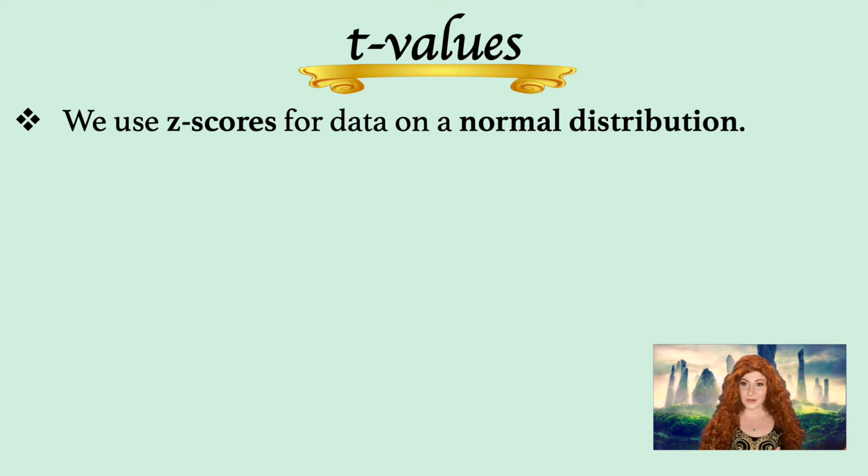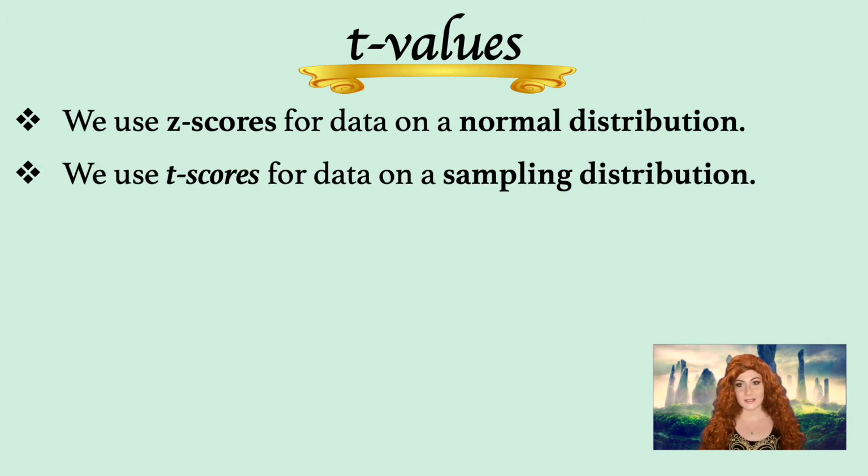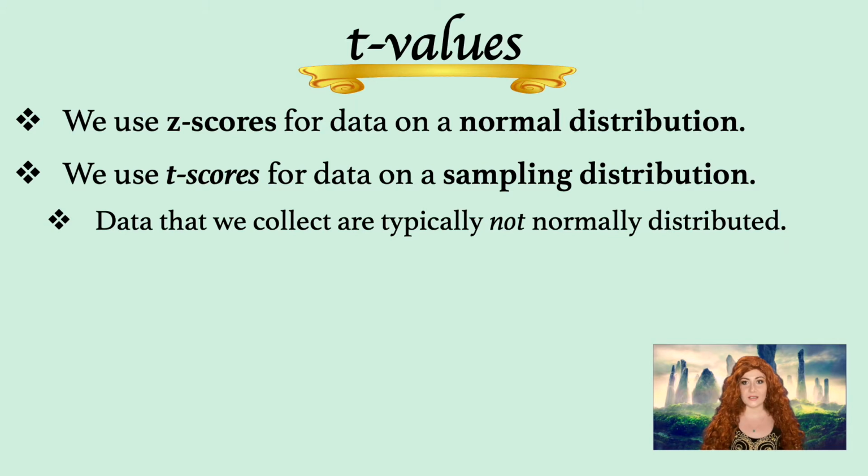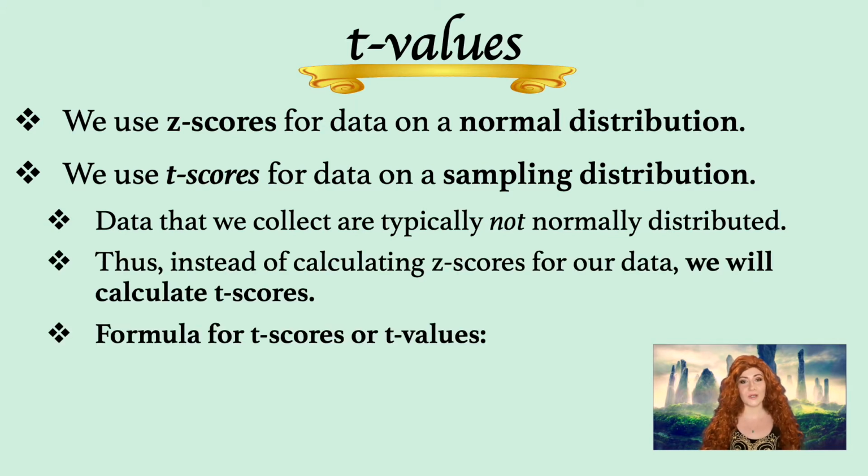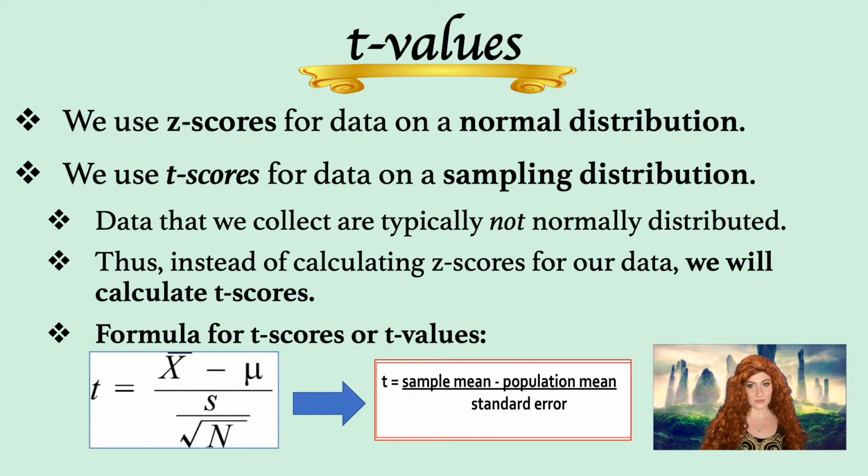So that's lovely for normal distributions, but we know that data that we collect in our field, in our experiences, is often not normally distributed, and therefore instead of using a normal distribution, we use a sampling distribution. So instead of using a z-score, we are going to use a t-score. The process is fairly similar as far as a conversion does need to happen, but instead of using the raw score to convert into a z-score, we are now going to be focusing on t-scores. So the formula for calculating a t-score looks like this.